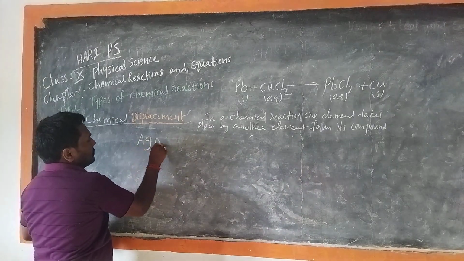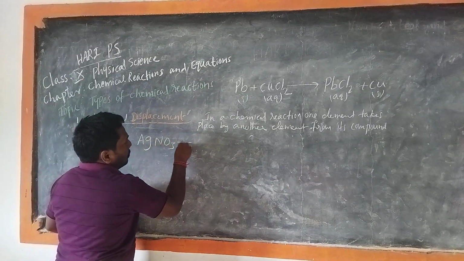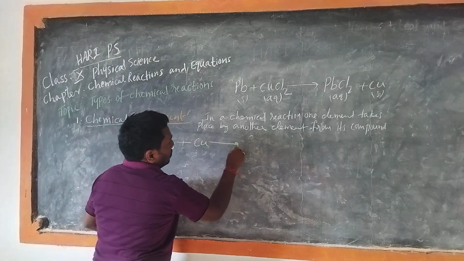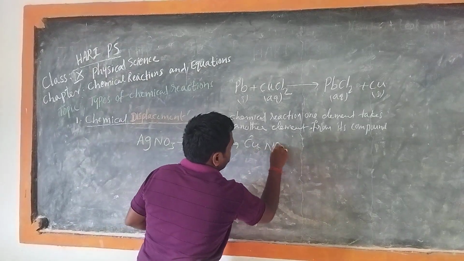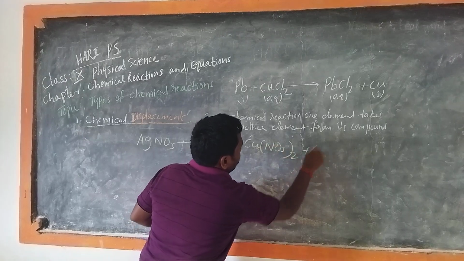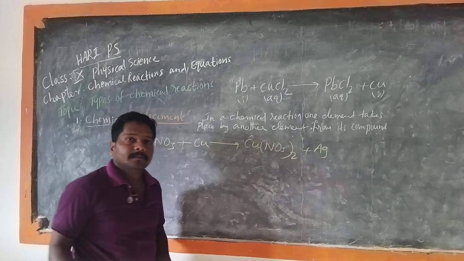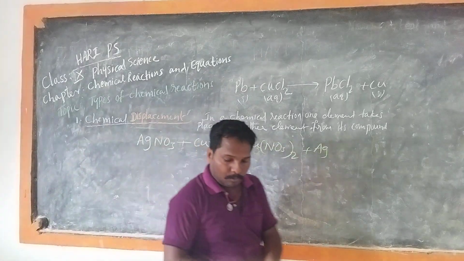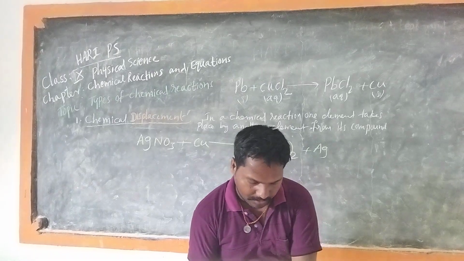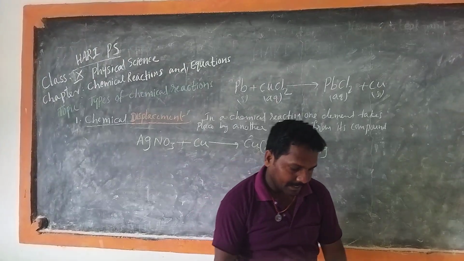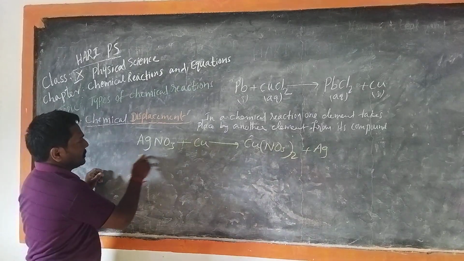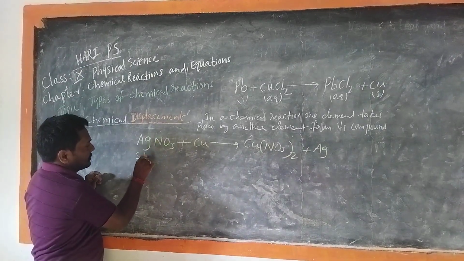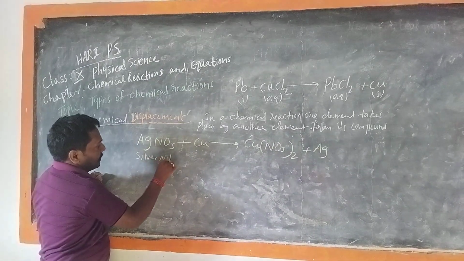Silver nitrate, AgNO3, plus copper gives rise to copper nitrate plus silver. It is one more example of a displacement reaction. AgNO3 is called silver nitrate.